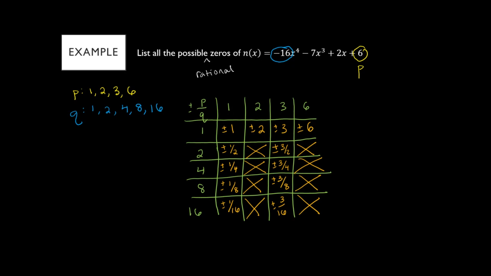So there's a lot of possibilities here because you've got the plus or the minus, but these are all the numbers that are potential zeros for this polynomial.